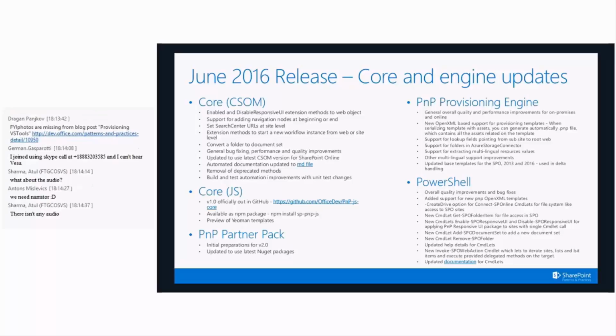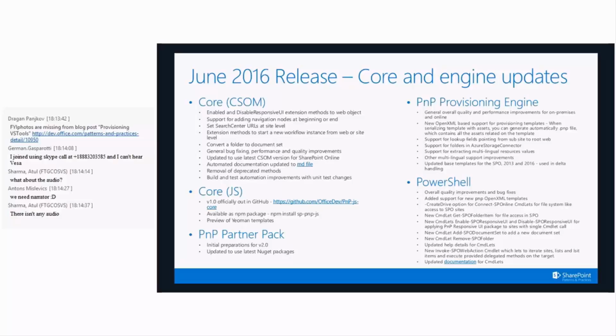PnP Partner Pack, not that many changes within the last month, but we are kind of preparing for the PnP Partner Pack 2.0, so there are adjustments already happening here and there. PnP provisioning engine, there's actually quite a lot of changes in here, and there's one really cool thing.